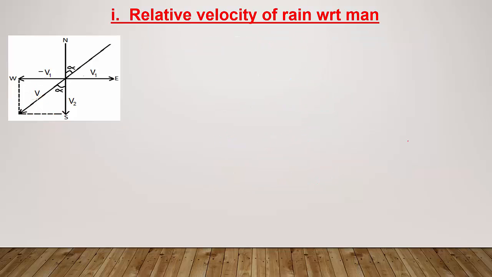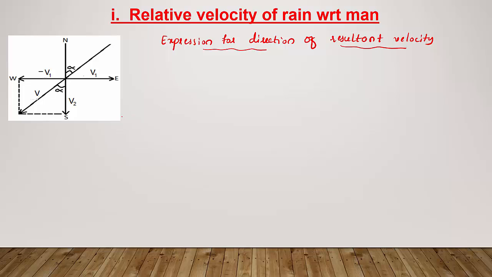Now similarly I am going to find the direction. How do we find its direction? Here you can observe the angle alpha. From the diagram I am going to write the value of tan alpha. Can you tell me the value of tan alpha from the diagram?